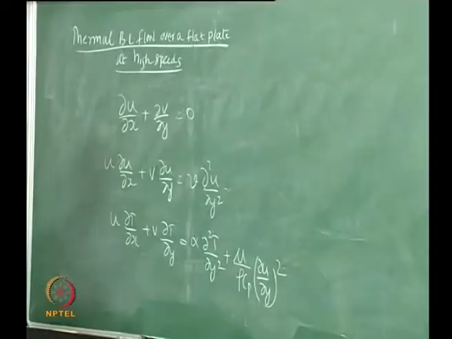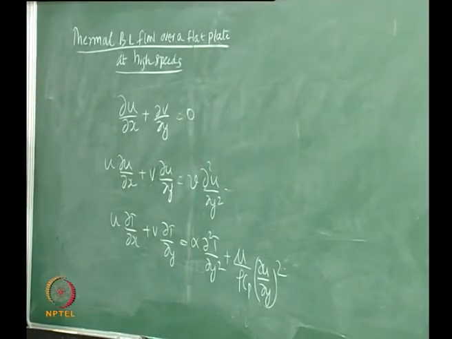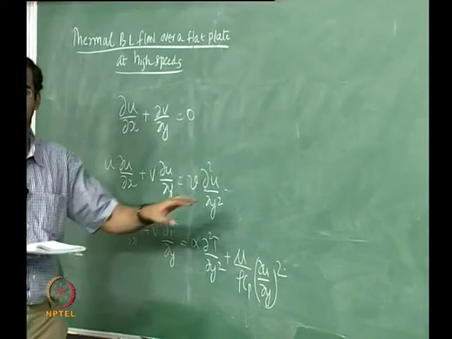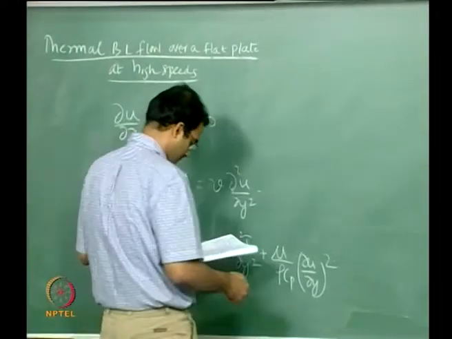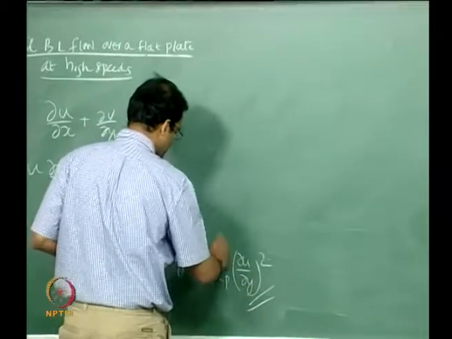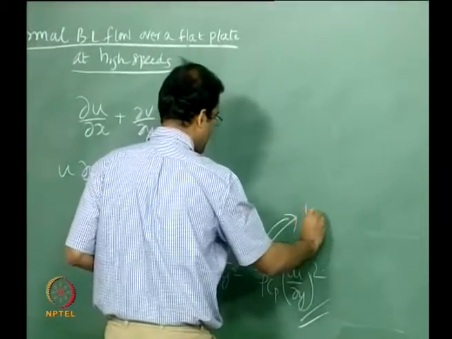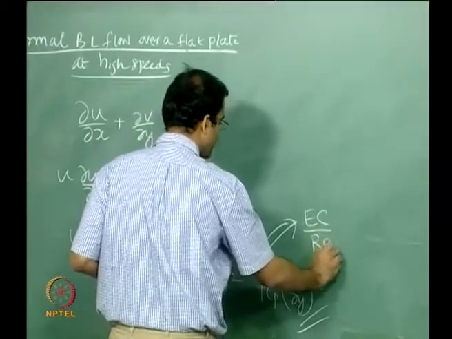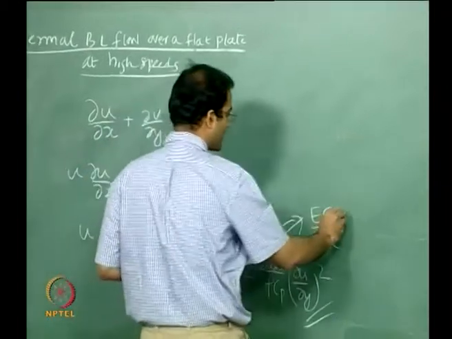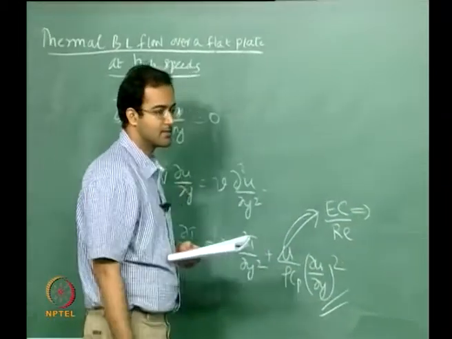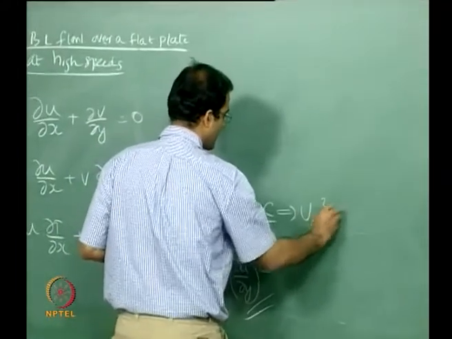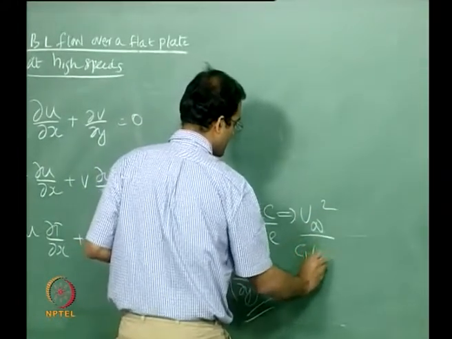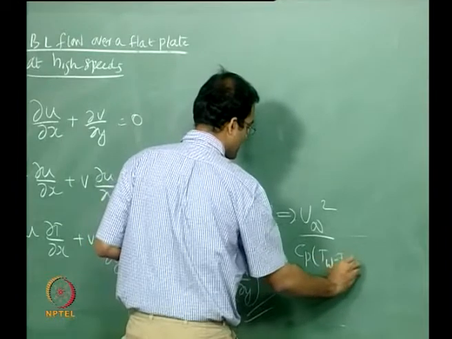So these are your complete equations for the flat plate where you do not consider the pressure gradient term. Now we have also included the viscous dissipation. If you non-dimensionalize this, you will get this as the ratio of Eckert number by Reynolds number, where the Eckert number is defined as U infinity squared by Cp times (T wall minus T infinity). Do you remember?